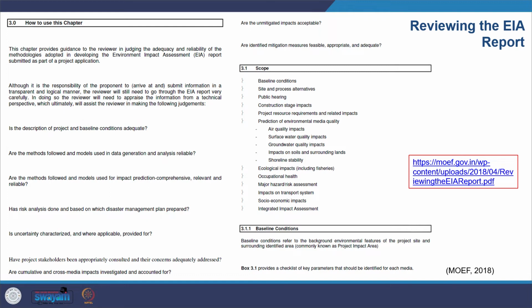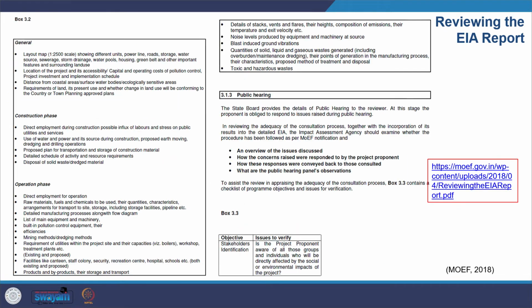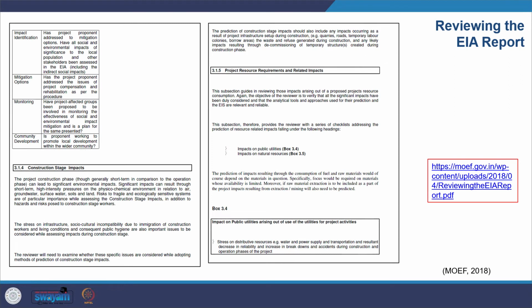So not only how you took their feedback and how you responded, but did you also communicate back with them? And what were the public hearing panel's observations, and so on. So you see box 3.3 here: stakeholder identification, impact identification, mitigation options, monitoring, and community development. All these aspects will be looked at by the reviewers.